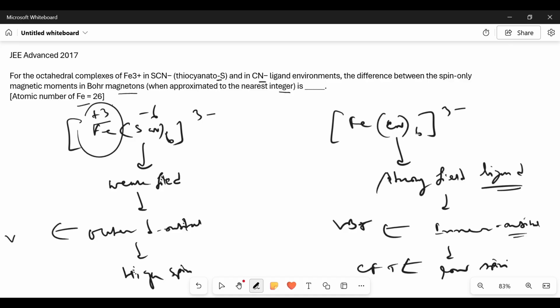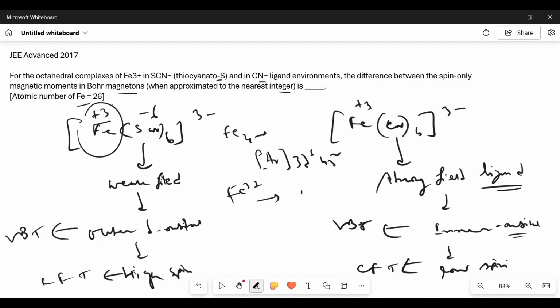According to VBT, outer d orbital, according to CFT, high spin complex. Now what will we find out? Both are d5 systems, because Fe 26 means, as already discussed, Ar 3d6 4s2. So Fe3+ in both cases is Ar 3d5. So both cases are a d5 system.